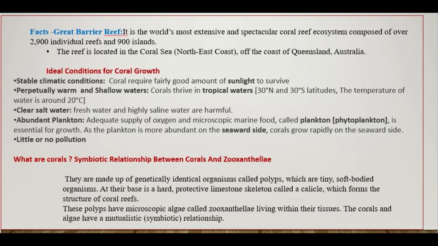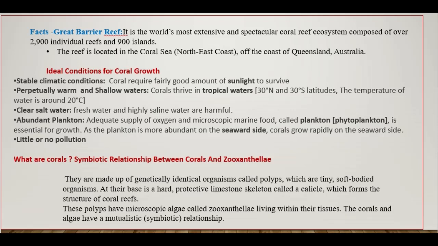The photosynthesis produces food, and the coral gives the protection and compounds which are needed for photosynthesis. That's how they live in symbiotic relationship with each other, and the coral tissues are formed. The algae also helps to remove the coral waste.